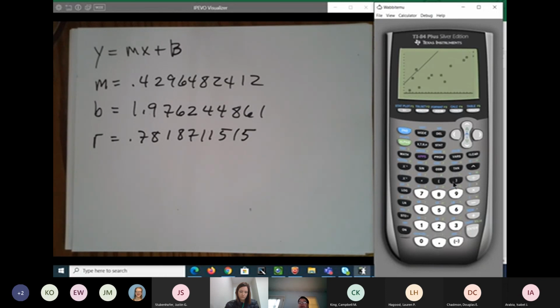There's your points. And now you type in your formula. Y is equal to 0.4296, at least carry it to 3 digits, x plus 1.976 and graph. And there is your line of regression.